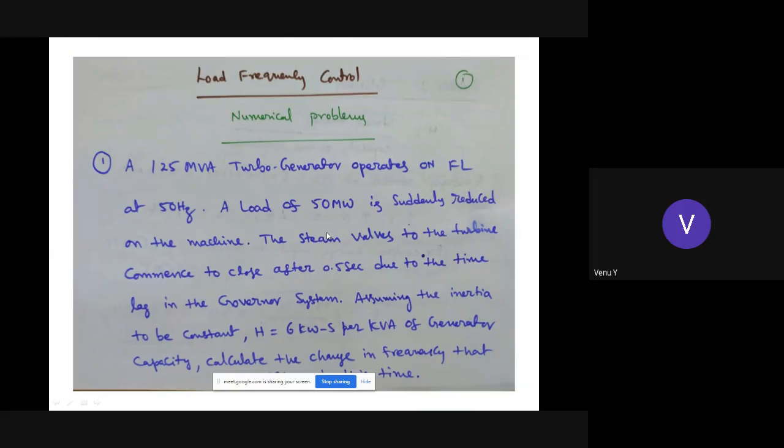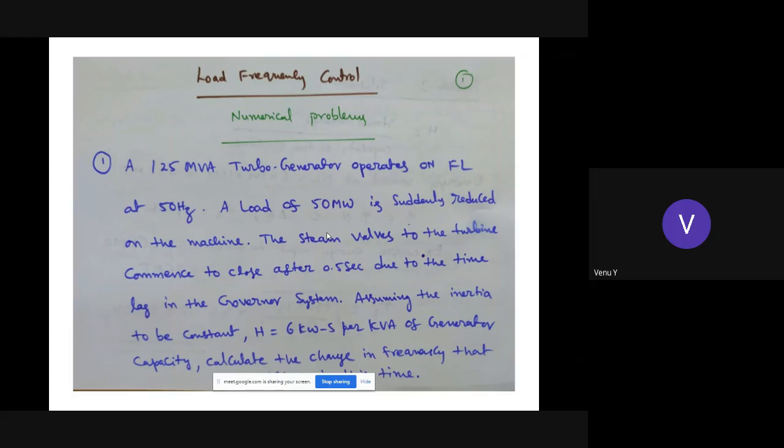Initially, first let us understand the problem properly. A generator, the rating is 125 MVA. It is operating at full load, and the frequency at full load is 50 Hz. Now, suddenly the load is decreased by an amount delta PD equal to 50 megawatts.